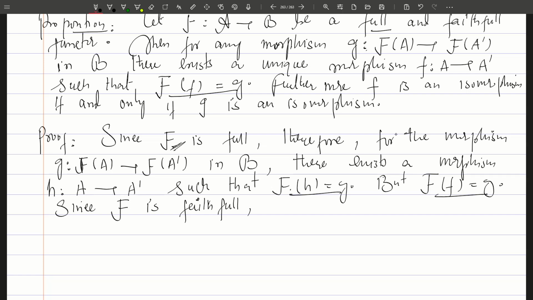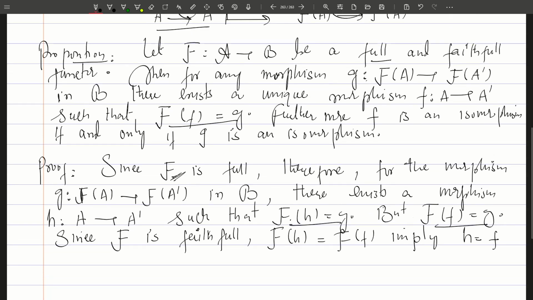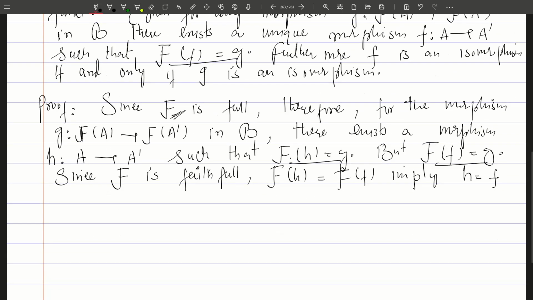So by faithfulness, F of h equal to F of f would imply this h is equal to f. So that means this f is unique. So this proves the first part.